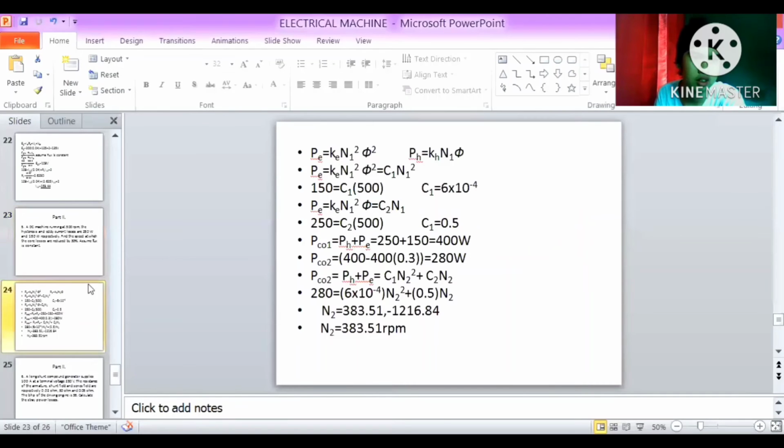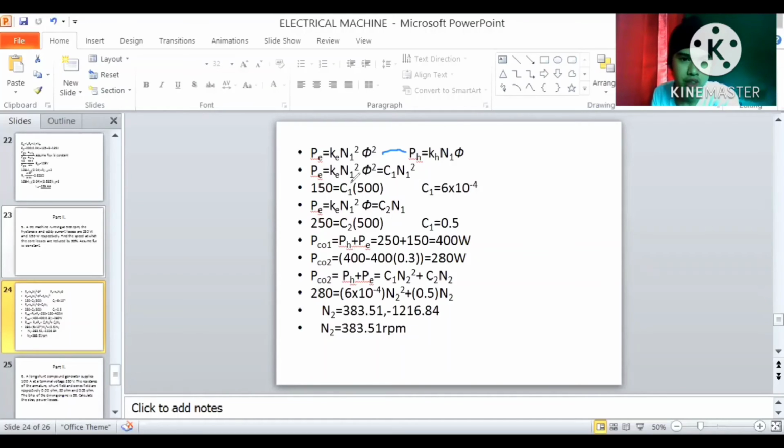Solution. So PH equals KH N1 flux. PE equals KE N1 squared flux squared, equals C1 N1 squared.